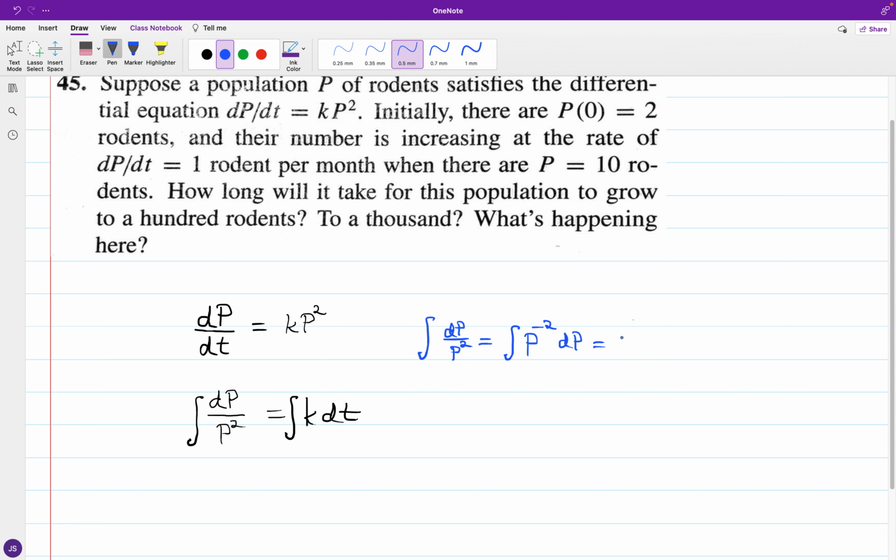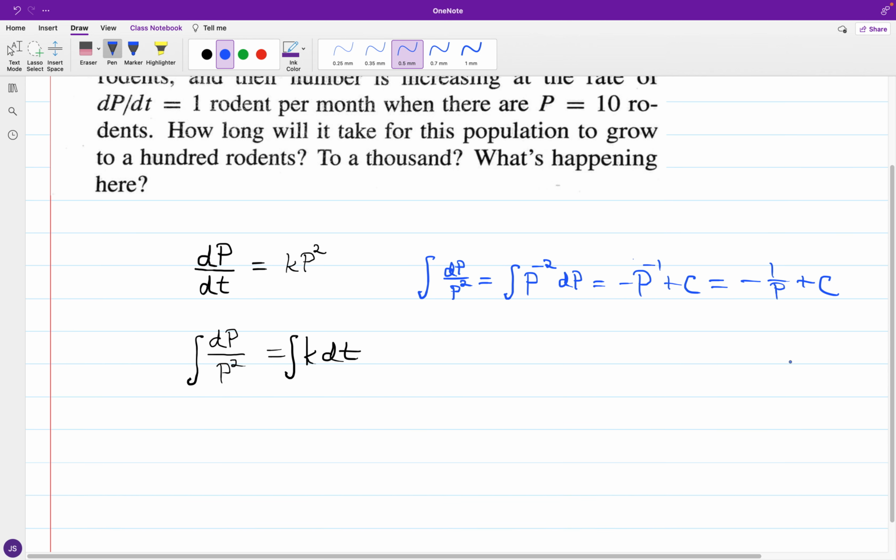By the power property of integrating, this translates to the negative of P to the negative 1, followed by the constant. We can also say we have the negative of the reciprocal of P plus c.